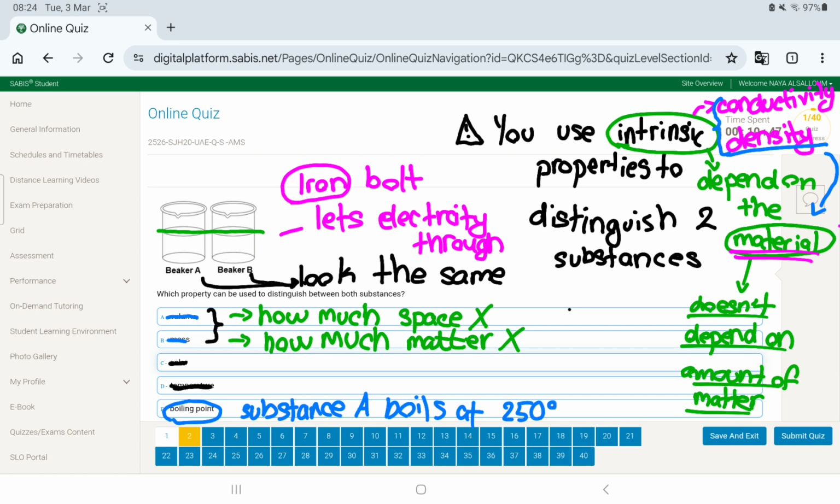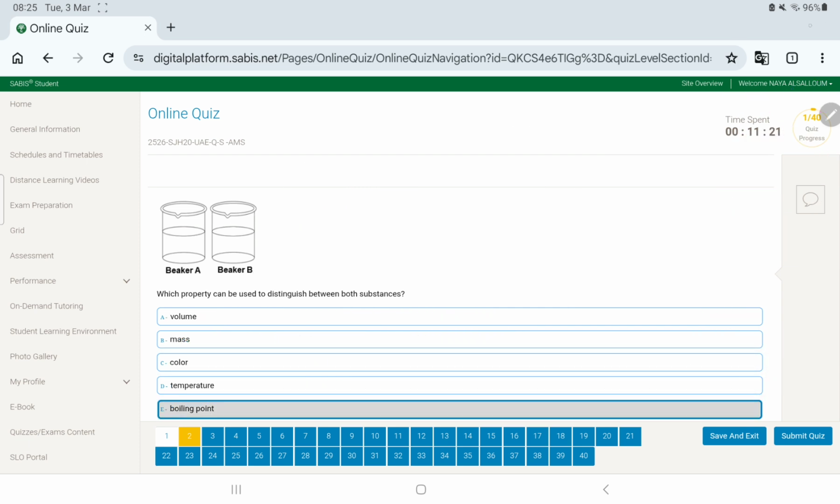No, right? And also, guys, boiling point is intrinsic. Why? Because if I say 10 milliliters of water boil at 100, 1 liter of water will also boil at 100 degrees. Does it depend on how much water you have? No, it depends on the material, right? So what can you do? Boiling point.